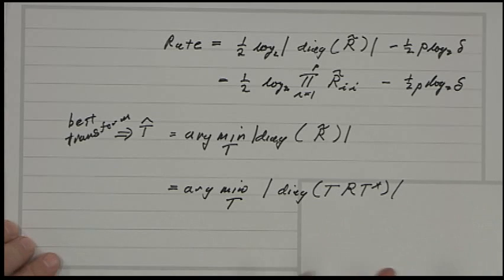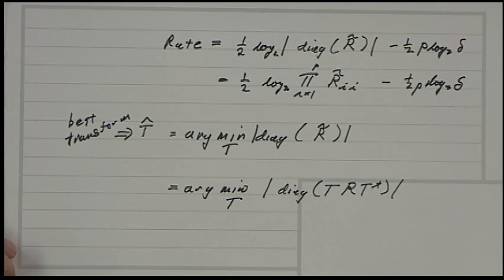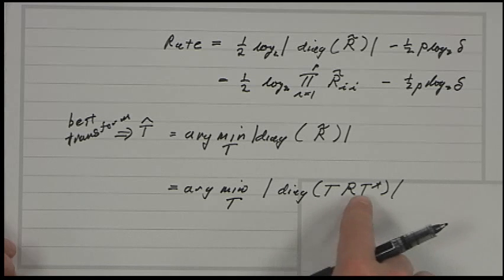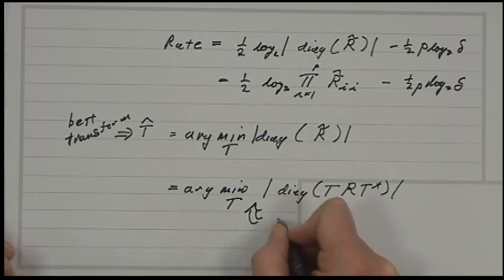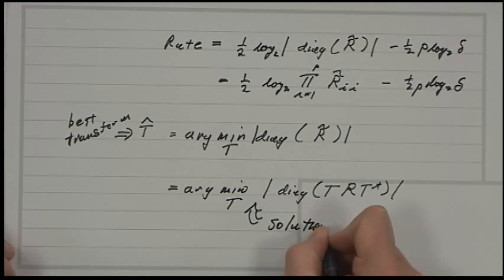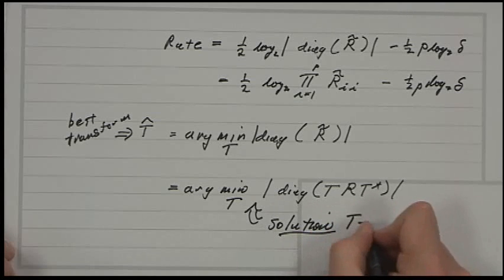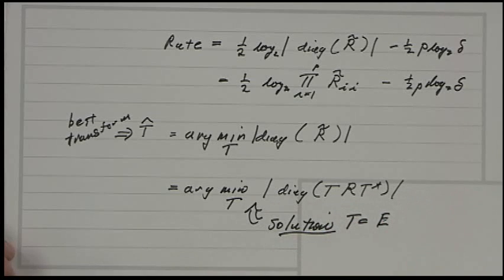Well, now at this point, I think the proof becomes unsatisfying, except that if you gave me more time, I could go off and even complete this. This is the first part of the proof, but the second part I can't give you because I'd have to really wing it. But the solution to this is well known, and the solution is T equals the eigendecomposition.